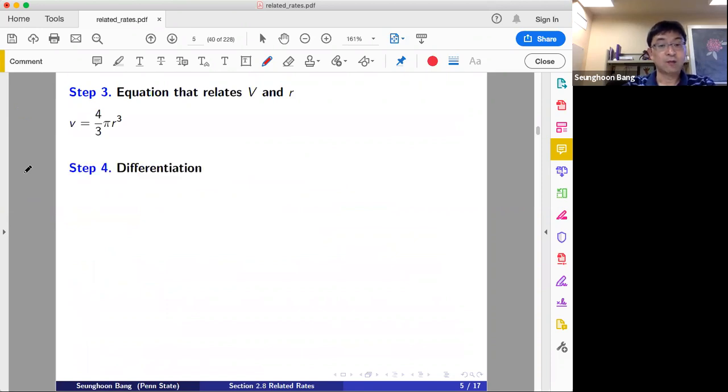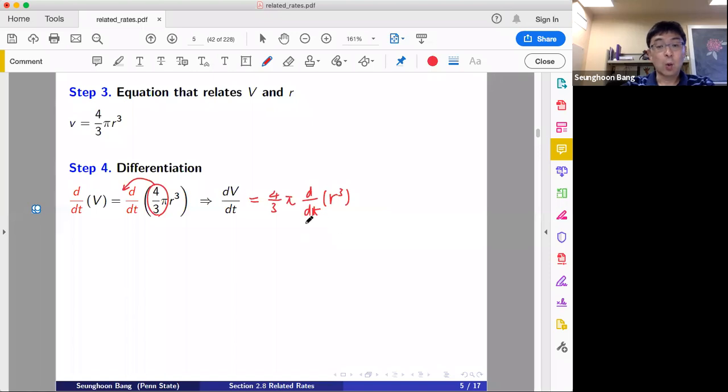Step 4, differentiation. You always take the derivative with respect to time t, just like a key. So here, dV over dt is 4 over 3 pi, the coefficient, taken out, times the derivative with respect to t of r cubed.